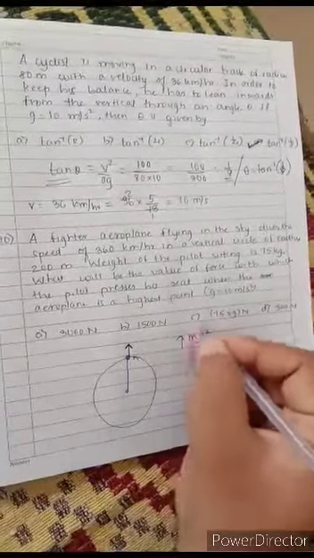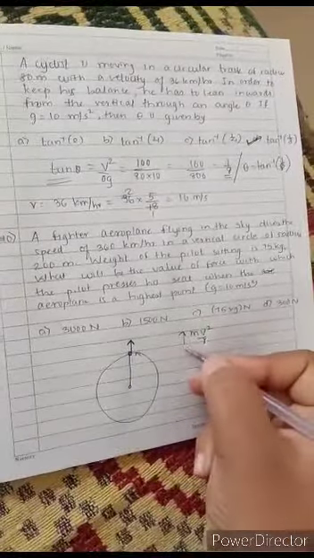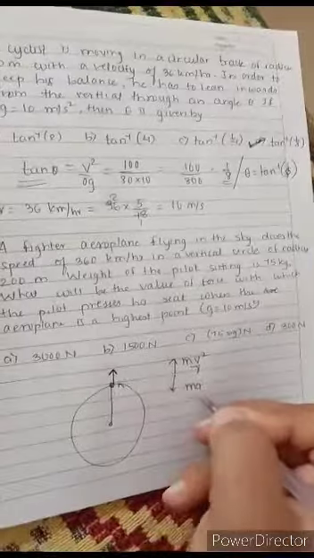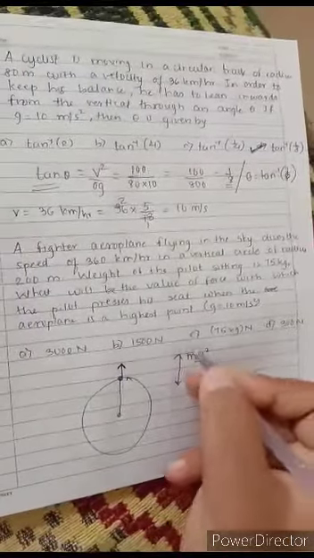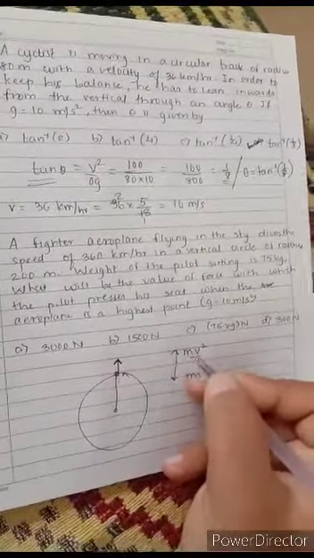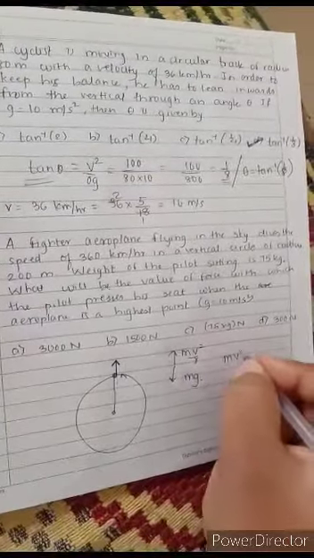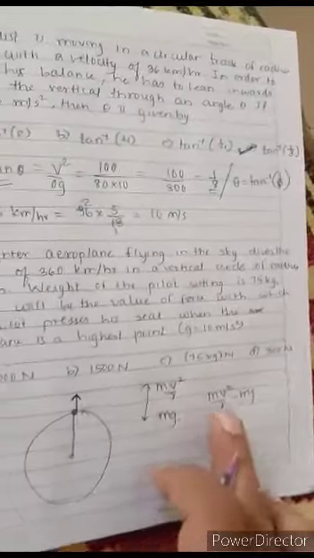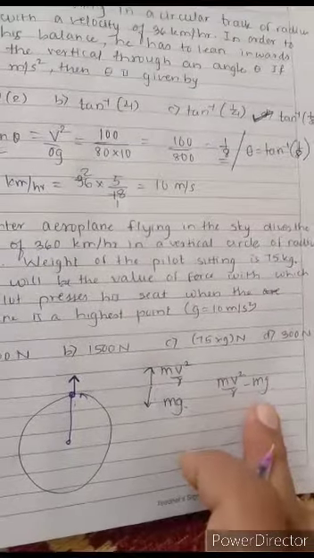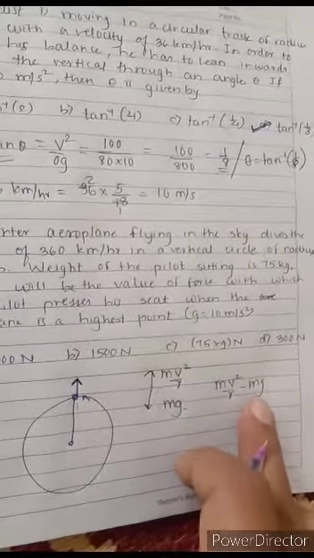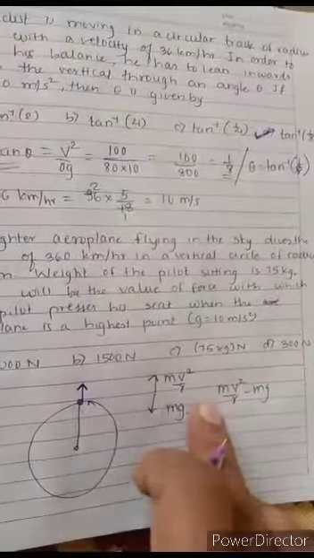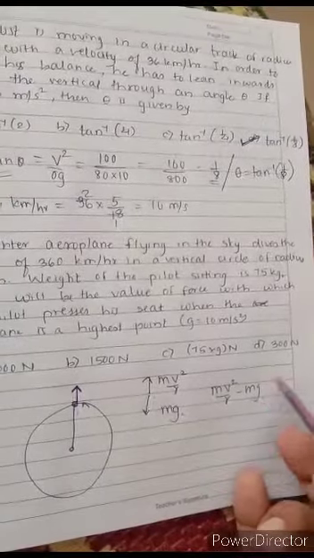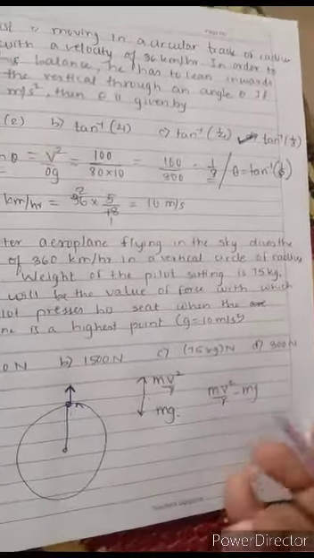This is acting outwards, okay, and downwards will be acting the force which is his weight, right? So net force acting on the seat of the pilot will be mv square by r minus mg. Why? Because this force is vertically downwards, this force is vertically upwards. So I have to subtract the vertically downward force from the vertically upward force.